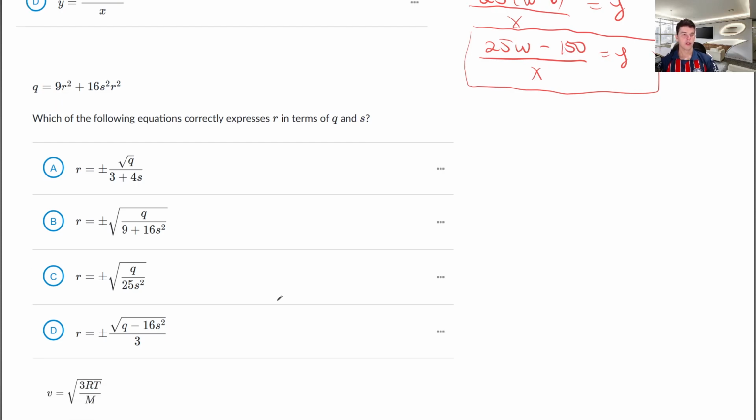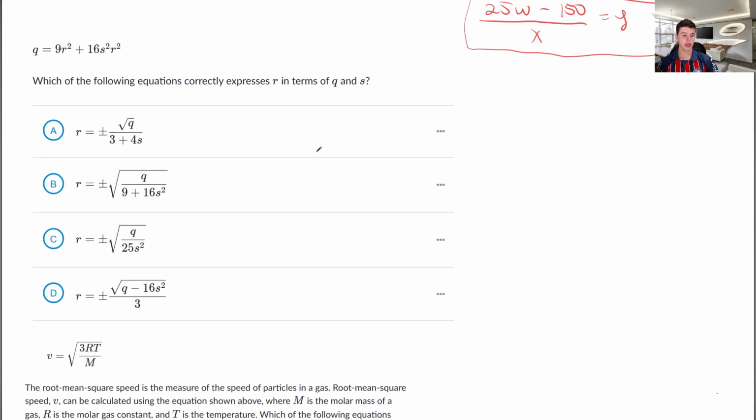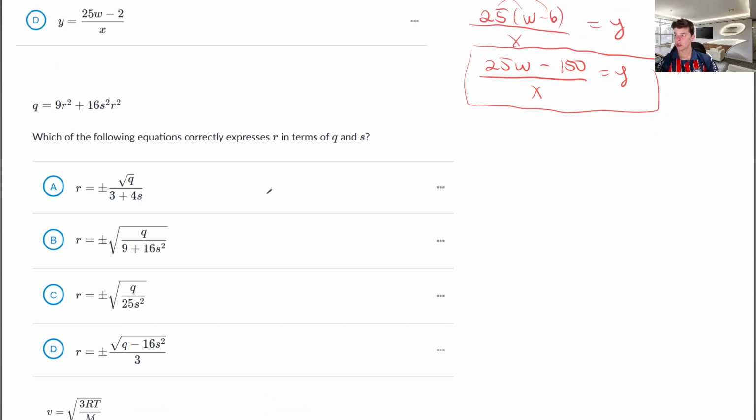Okay. So the following equation correctly expresses R in terms of Q and S. So we got to solve for R. Okay, so we got two R's. First thing I'm going to do, this is an extremely hard problem. So that's good.